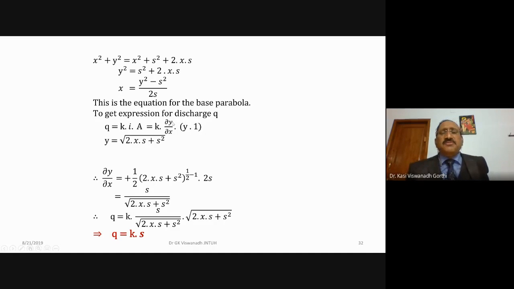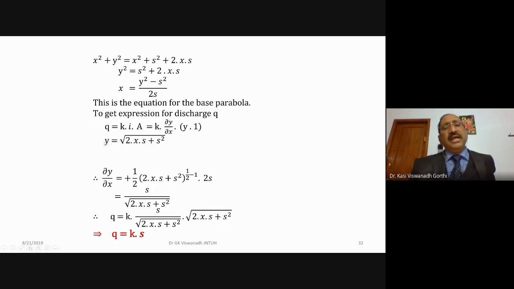And to get the expression for the discharge Q, we have a simple expression: V is equal to K into i. So the discharge Q will be equal to K into i into A, where i is the hydraulic gradient dy by dx, and A for the unit thickness is y into 1.